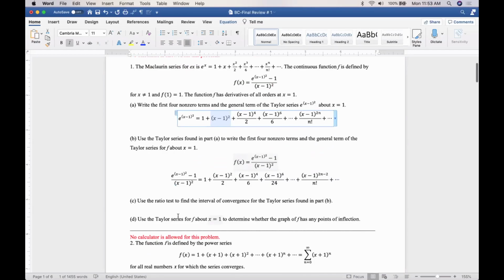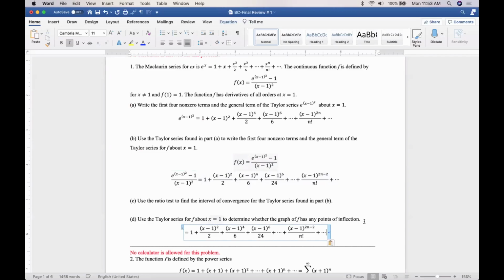Now we're going to get the second derivative of this, correct? We're going to test if there's inflection or not. Here's my first derivative, f prime of x. When I get my first derivative, the constant is 0.